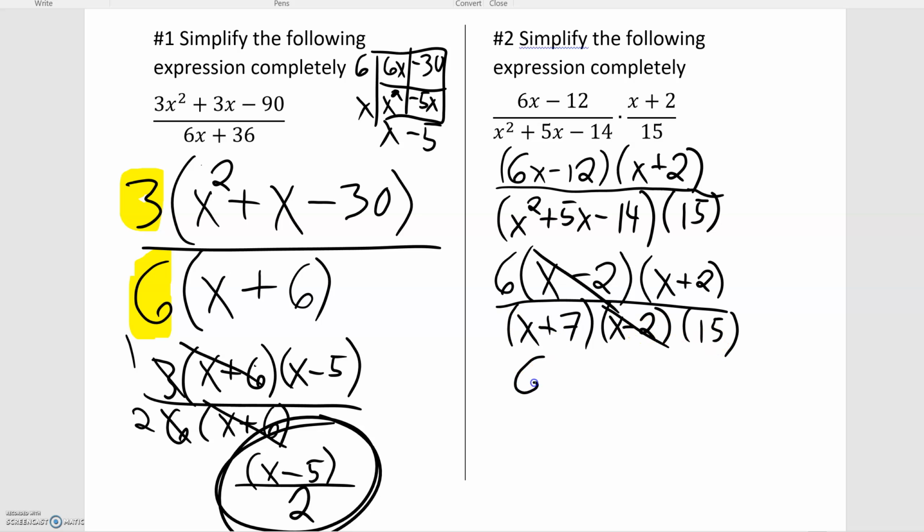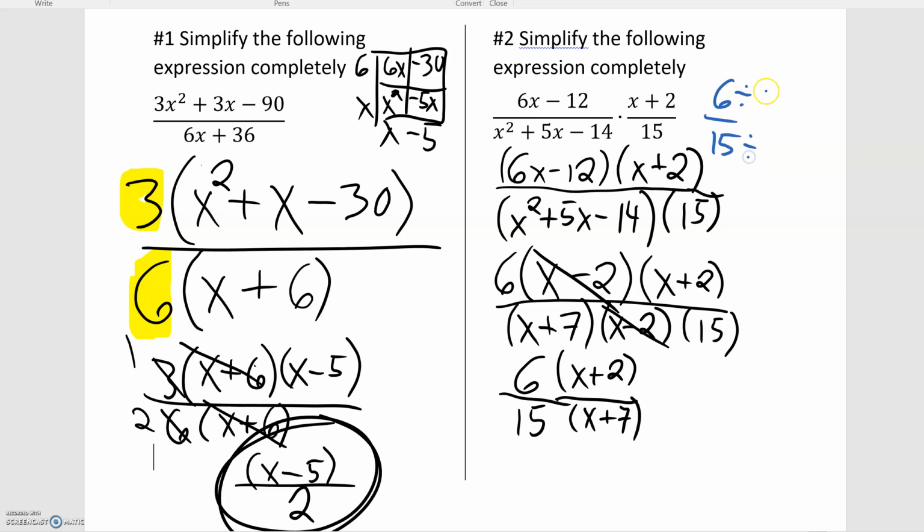Okay, so I got 6/15, 6 in the numerator and 15 in the denominator. I still got x plus 2 in the numerator, and I've got x plus 7 in the denominator. Now 6/15, let's just come up here real quick. I could divide both of these by 3.